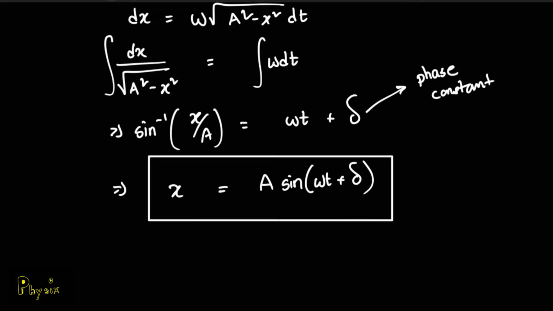What really is this phase constant? The phase constant defines the displacement of the particle in simple harmonic motion from zero displacement, or the position of equilibrium, initially. So this is the equation for a particle in simple harmonic motion. Well, that's all.